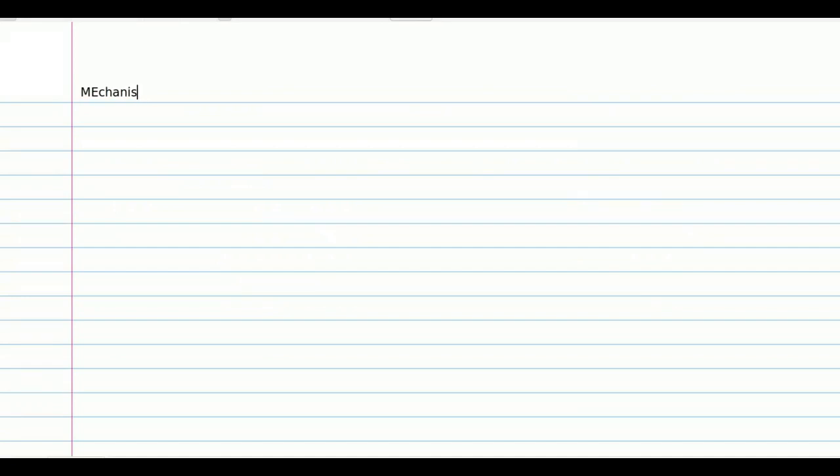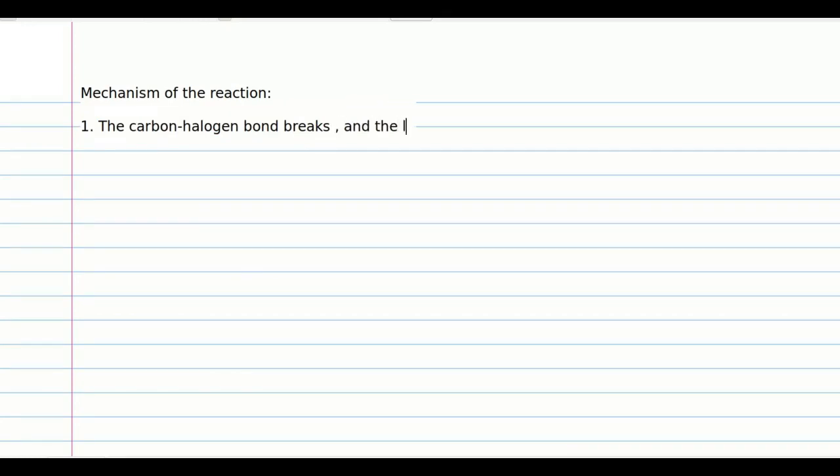So if you look at the mechanism of the reaction, we saw that in the first step, the carbon-halogen bond breaks, and the leaving halogen takes the bonded pair of electrons with it.